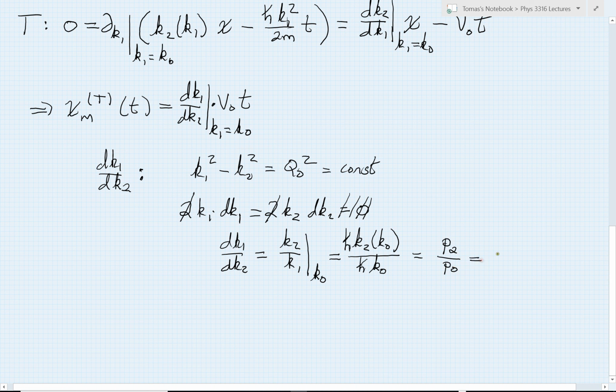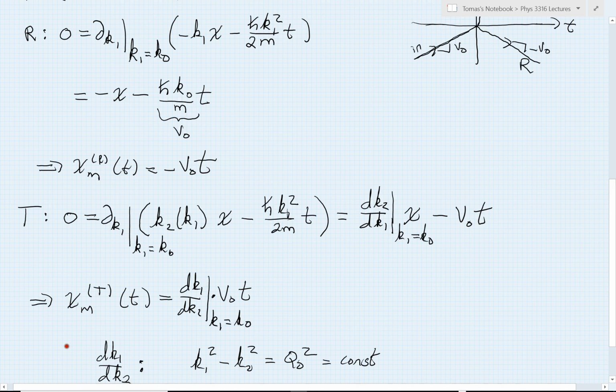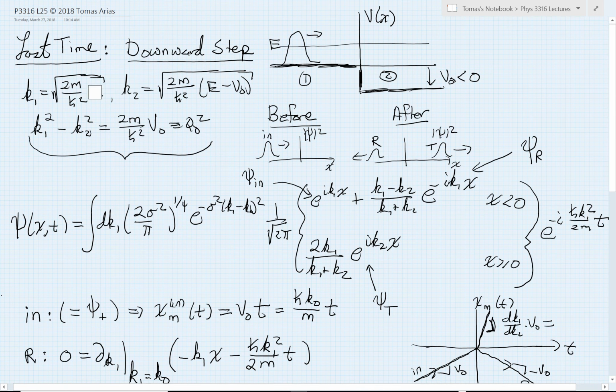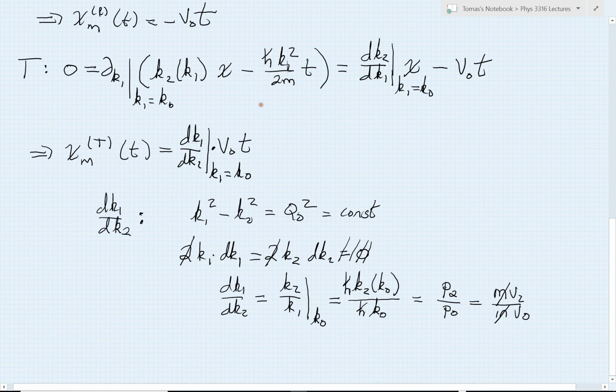And my final observation is the momentum I expect to see on side 2 is just the mass times the velocity on side 2. This is the mass times the initial velocity. So my ratio is just the velocity I would expect on side 2 from the momentum that I'm expecting through this relationship, which is just basic conservation of energy and classical physics, over the incoming velocity.